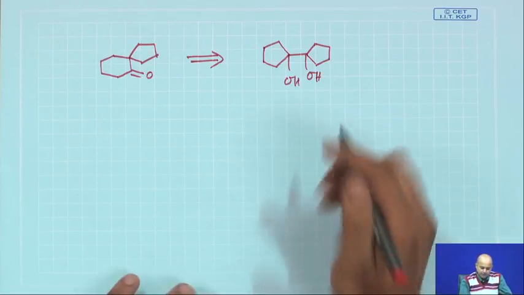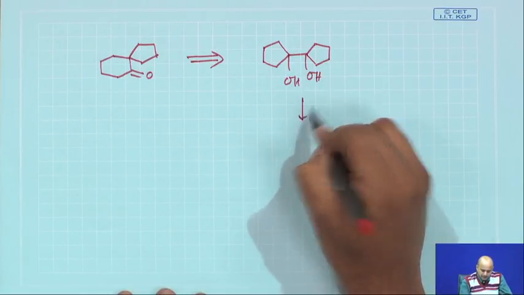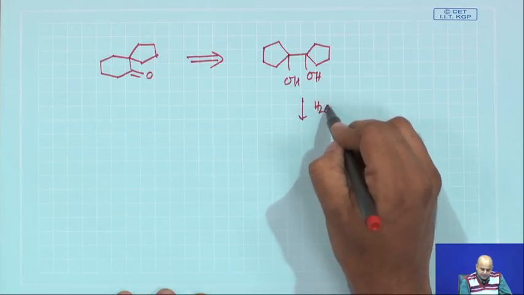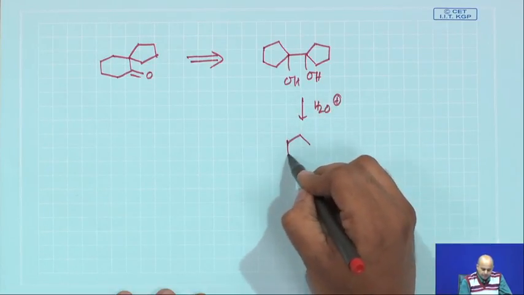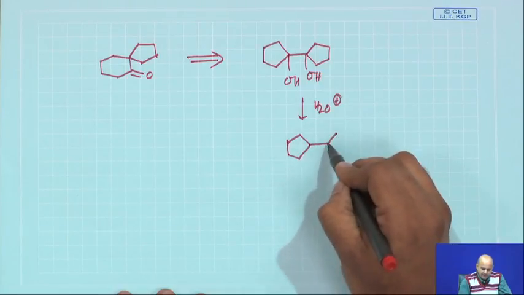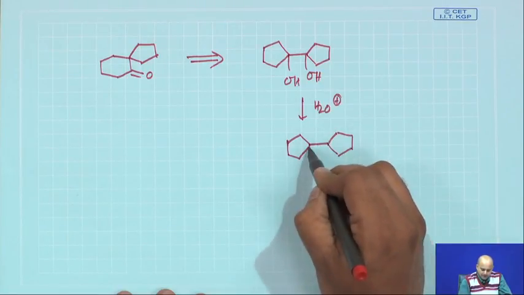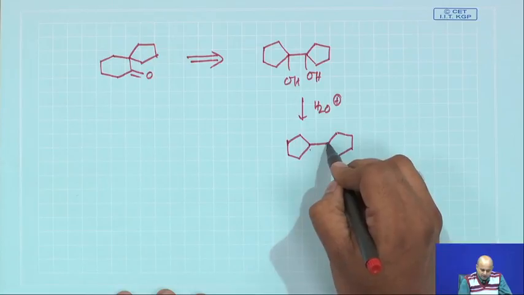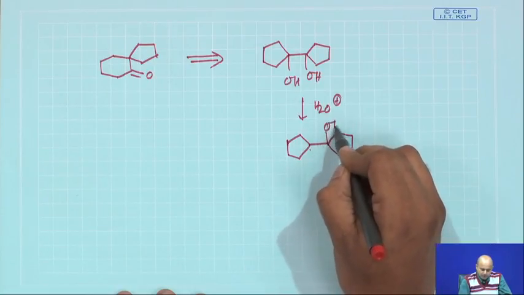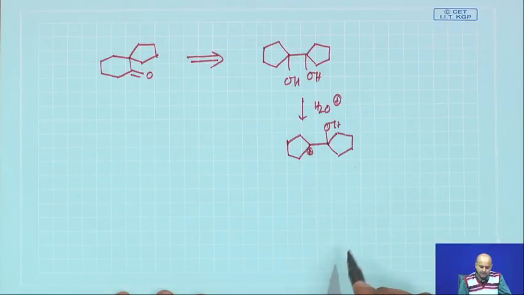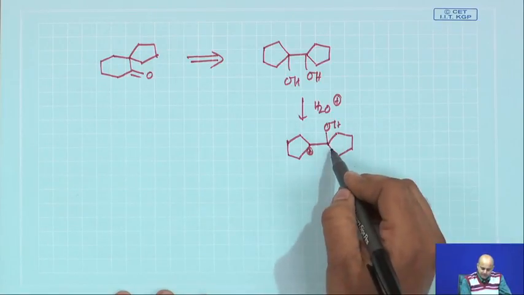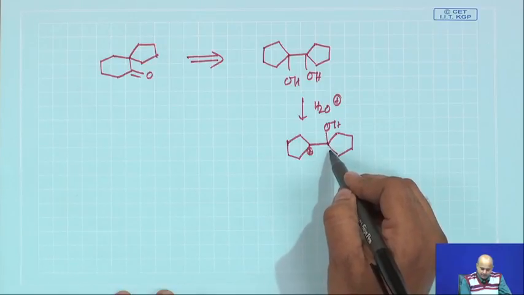Now, if you take this from a mechanistic perspective, initially what you do, you basically generate a carbonium ion here by water elimination. Now, actually the rearrangement takes place here.